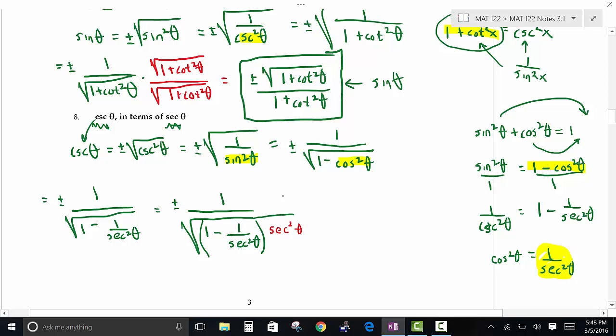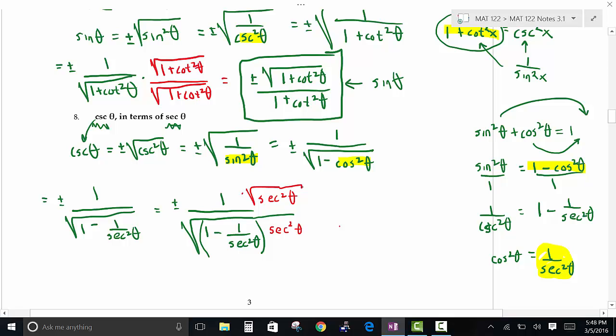Now by doing that though, I've changed the problem. What I just really did is I multiplied by the square root of the secant squared theta. So I have to do exactly the same thing to the numerator.